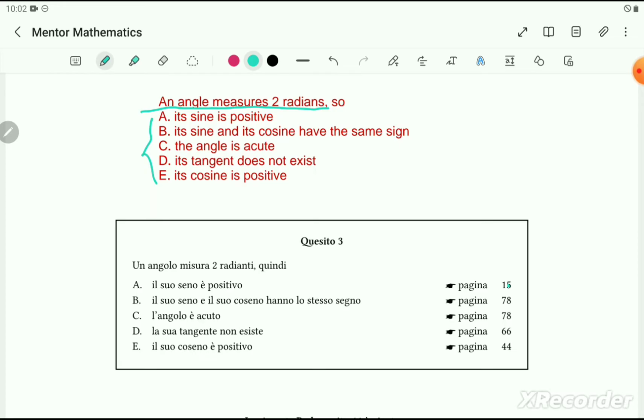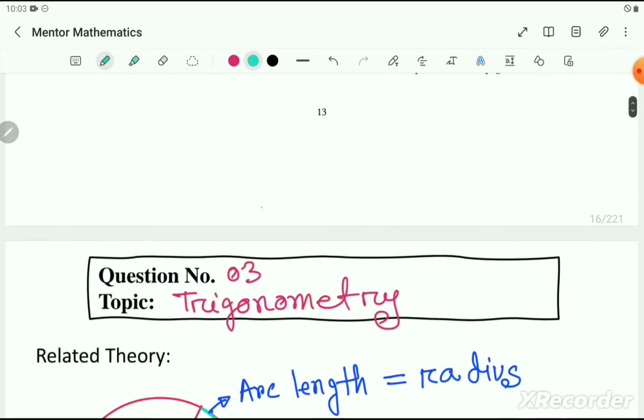So let's understand the basics first. From here we can understand what radian angles are. I hope you already know, but I want to touch on it again so that you remember. And what is an acute angle? Let's discuss it first.